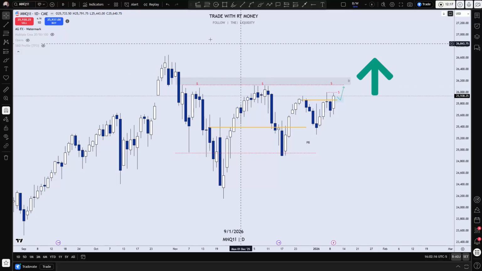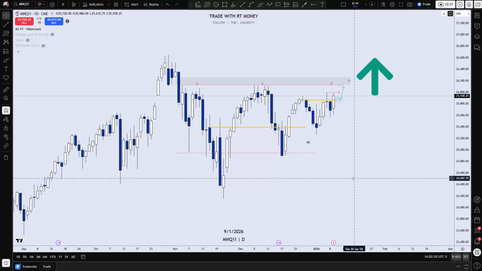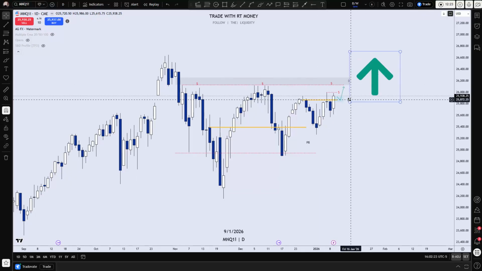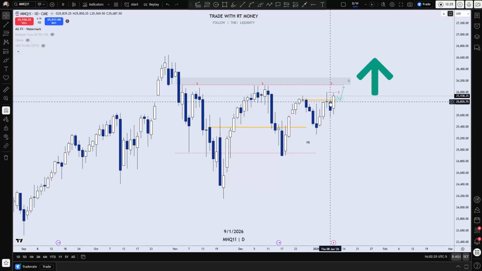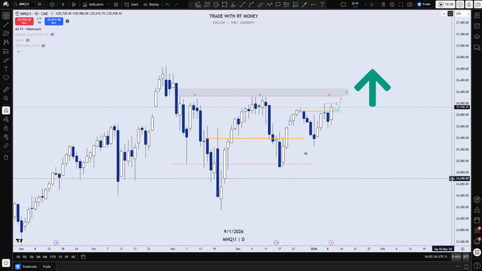All right. Could it continue to these highs here? Sure, it could. But I'm looking for a small pullback to this base candle here, this downturn candle here, small pullback into the fair value gap on the 4 hour, and then a move up higher. That's where I'm going.